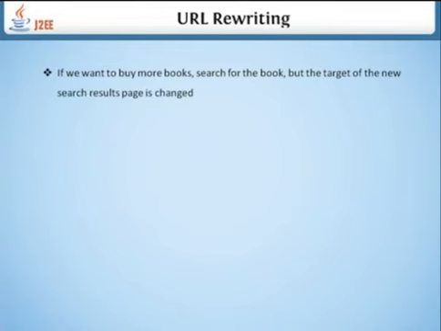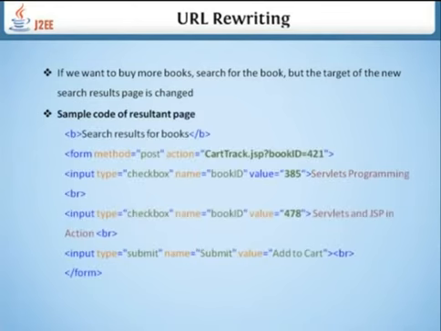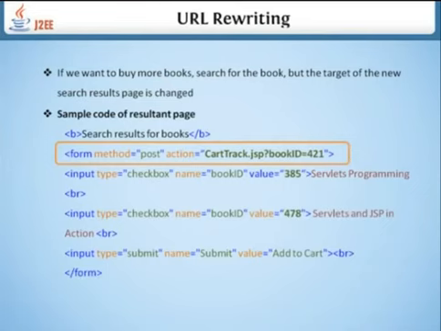If you want to buy more books, you search for the book, but the target of the new search result page is changed. Sample code of the resulting page looks like this. This is a search result page, the cart track JSP.